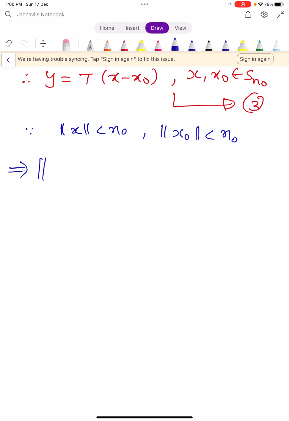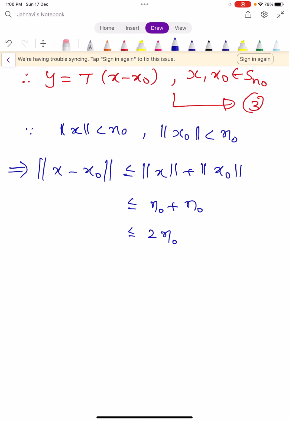Applying these two conditions, norm of x minus x naught is less than or equal to norm x plus norm x naught, which is less than or equal to n naught plus n naught, that is 2n naught.